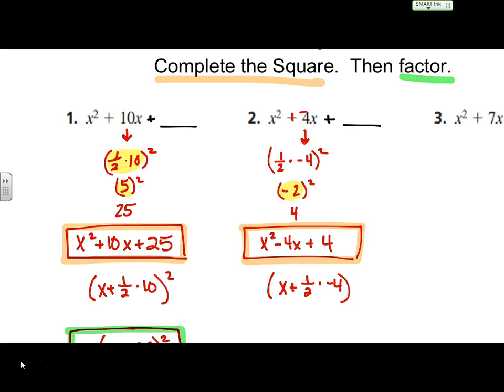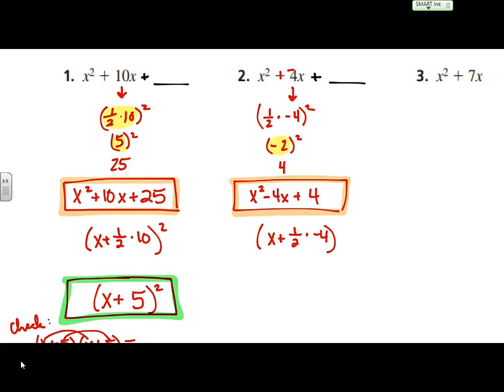So we could do the 1/2 times negative 4 all over again, or we could just take that middle number, which is x. Why is it minus? Because I'm adding a negative. So when I add a negative, it's going to be a minus. I have just, once again, completed the square. You guys see it?